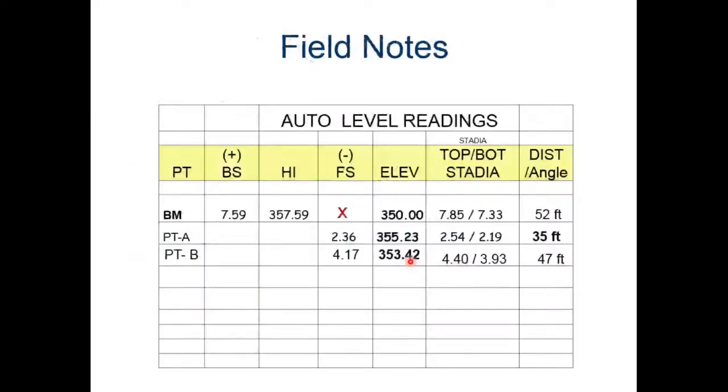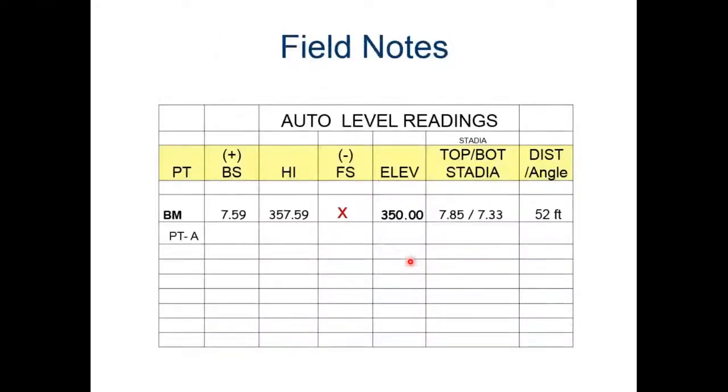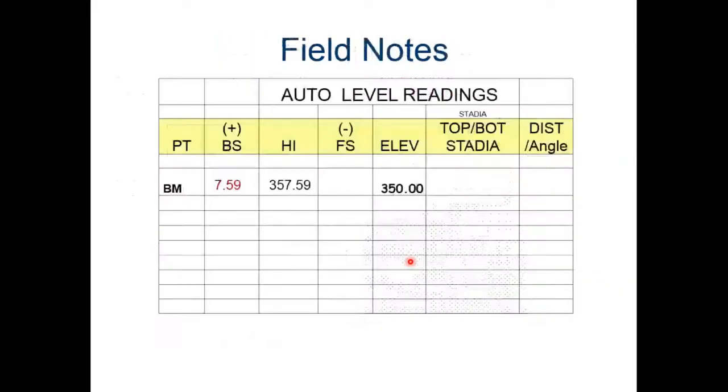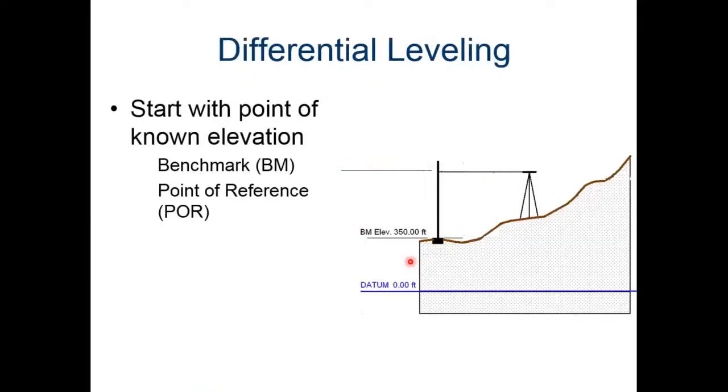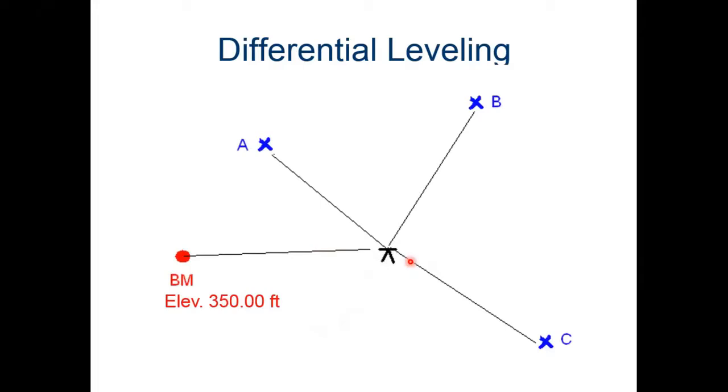And let me go back to one picture I want to show you. That picture from above. There we go. So we did 3 points. We did a backsight to our benchmark, and then we did points A, B, and C. This could be a lot of things. It could be the corner of some property that we're trying to outline.